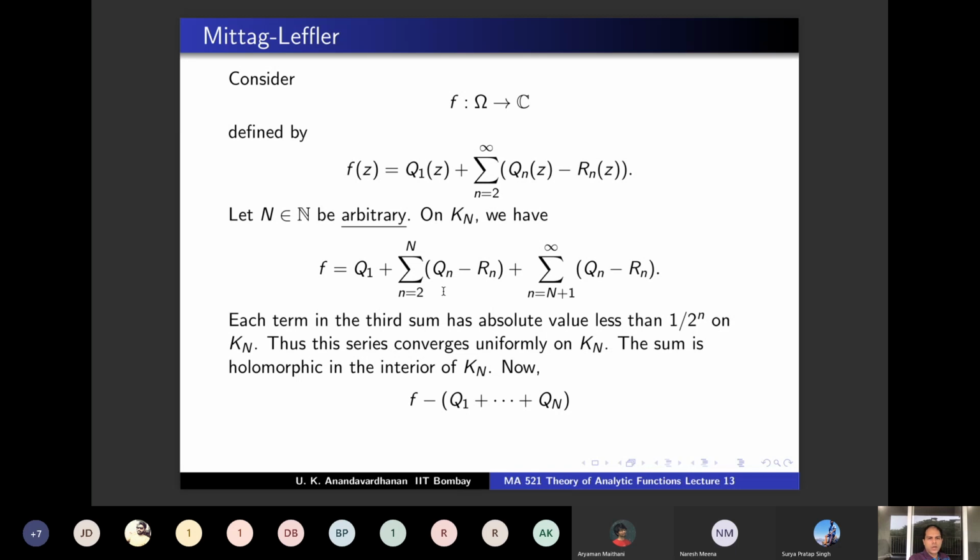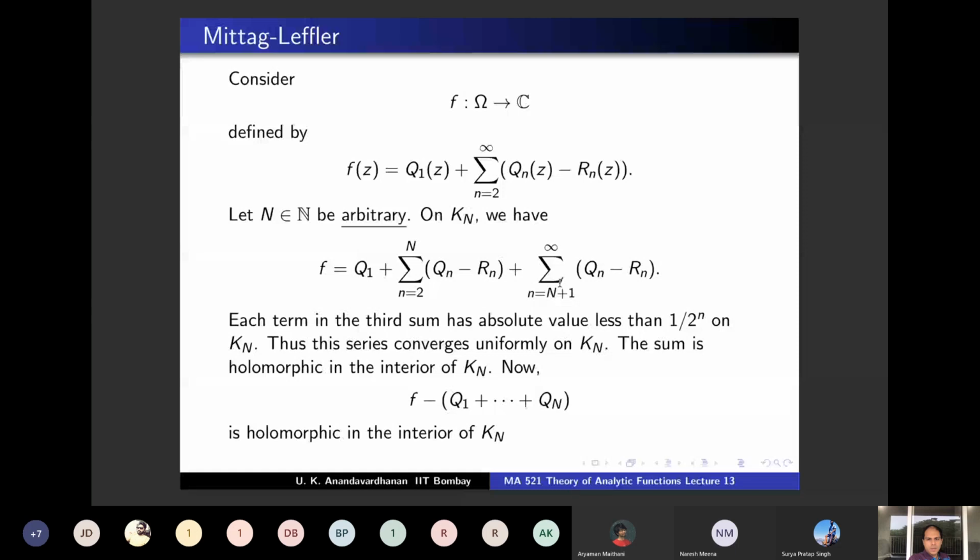That's what we just showed. And that is f minus (q1 plus etc. plus qn) and (r1 plus etc. plus rn). But each of the ri's is holomorphic in the interior of Kn because once again the poles are outside omega. Therefore, this also is holomorphic on the interior of Kn.